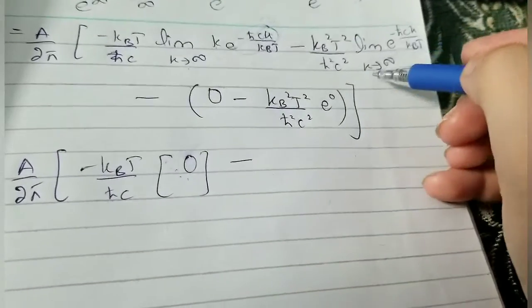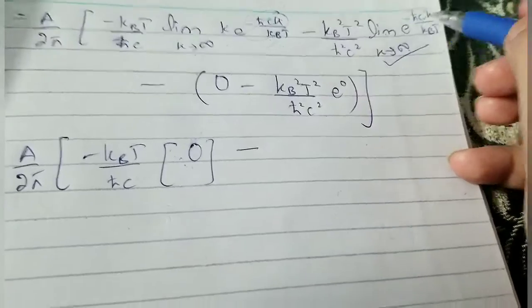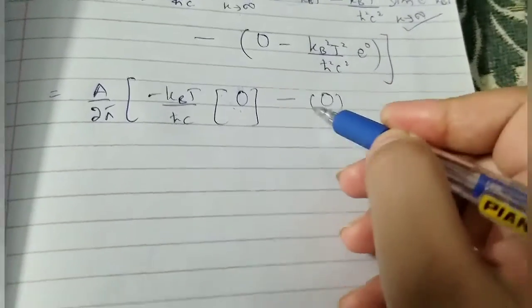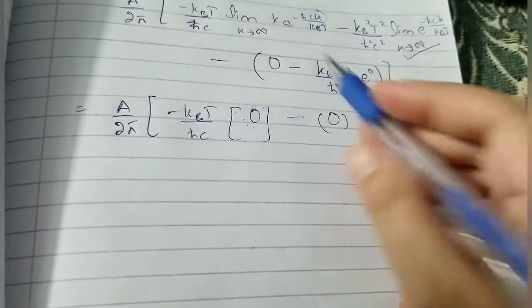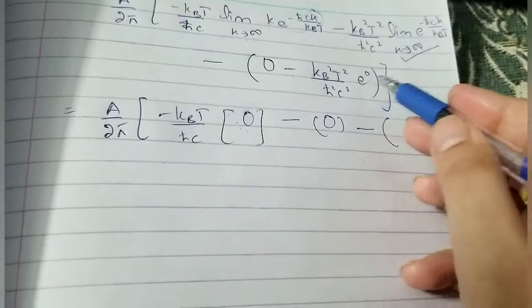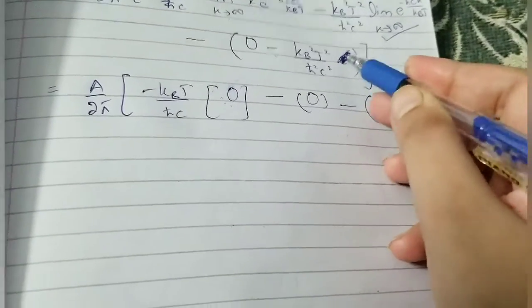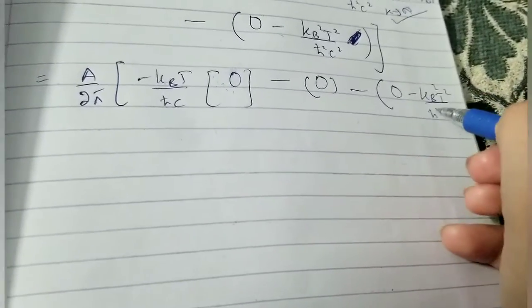And similarly here, limit k approaches infinity, if you put infinity in the power, it becomes e to the power minus infinity, and the answer is 0 again for this. Then we have the negative sign, 0 minus this, e to the power 0 is 1, so it's 0 minus kb square t square by h square c square.